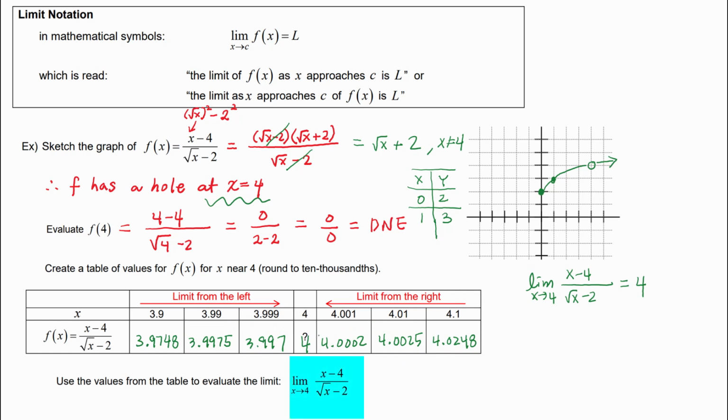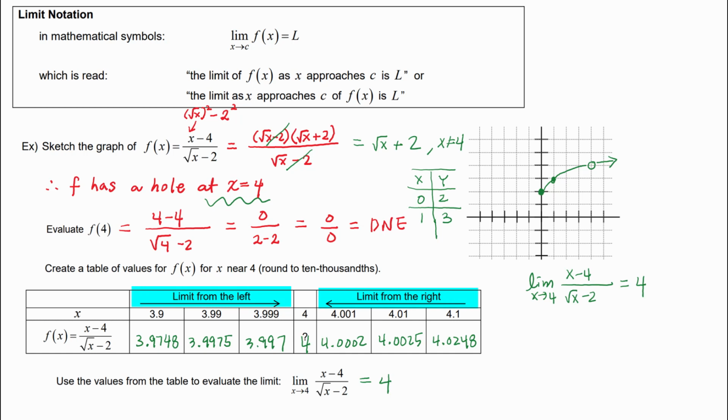So therefore, you can conclude the limit as x approaches 4 of the quantity x minus 4 over the quantity radical x minus 2 is 4. There is a very important point to make here. In order for you to conclude the limit of this function is 4, the limit from the left has to be equal to the limit from the right.